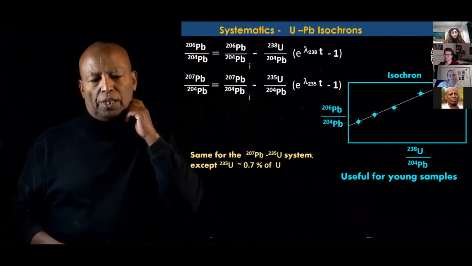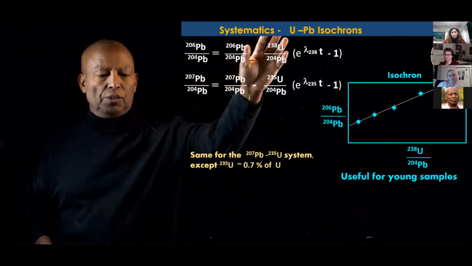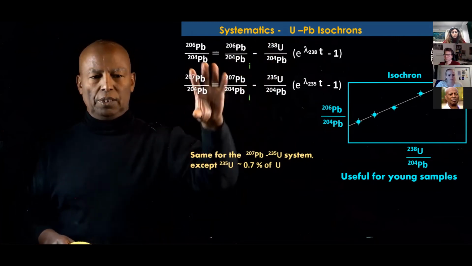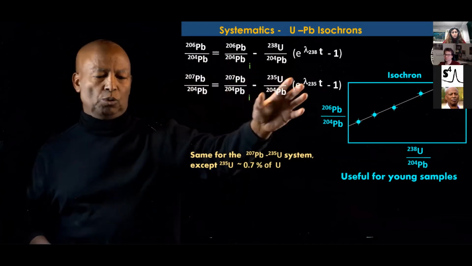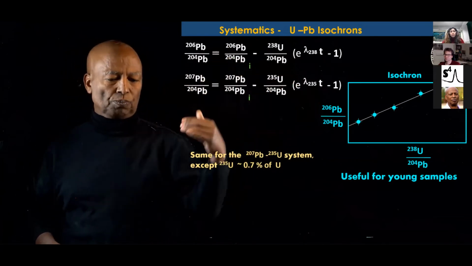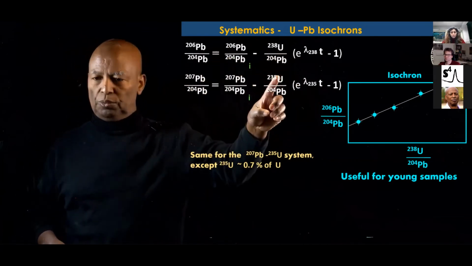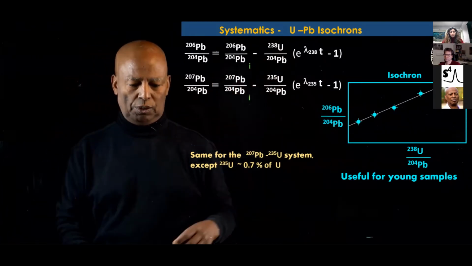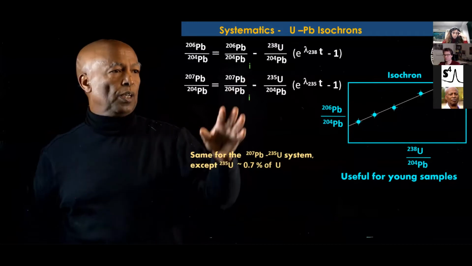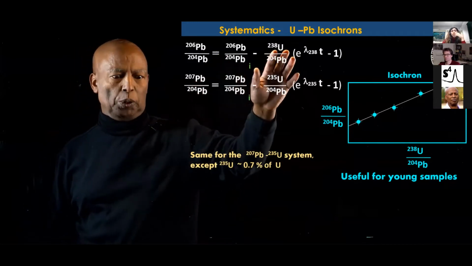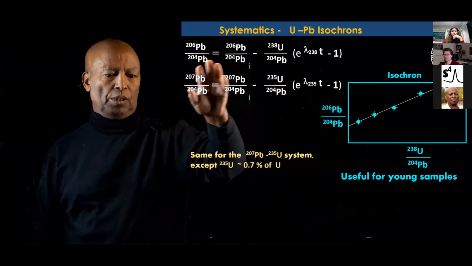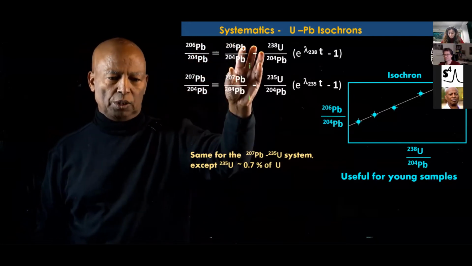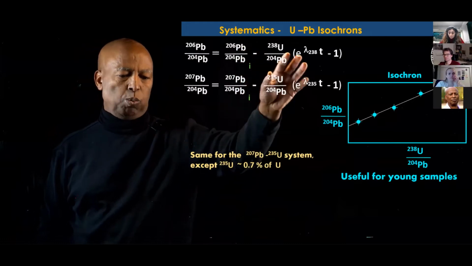So let me start out first with the isochron systems. As I said, disregarding the thorium-232 lead-208 system, you have the 238-204 system. For those of you who haven't taken radiogenic isotopes, essentially this is the standard decay equation. The amount of lead-206 you have is equal to what you started with at the beginning of the system plus the production term.